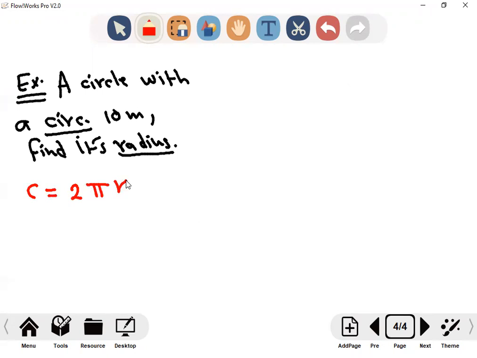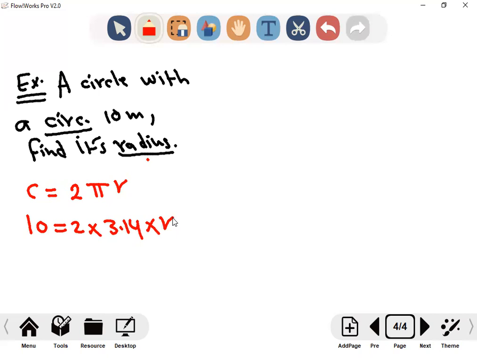How much is C? 10. So in place of C, I will replace it: 10 equals 2 multiply the pi, we said 3.14, multiply the r wanted. So the r is still r.